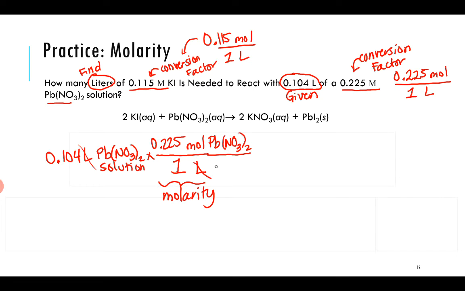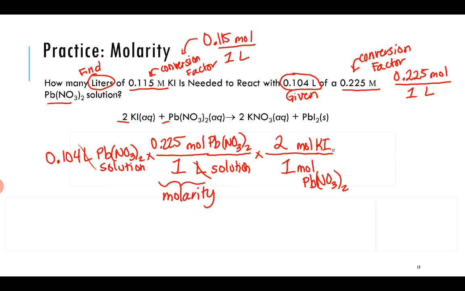If you like, you can label that with solution. Now I'm in the moles of the compound, and so I can cancel out my lead nitrate. I would need to get into my moles of potassium iodide. There's a 2 coefficient in front of that, and a 1 coefficient here.